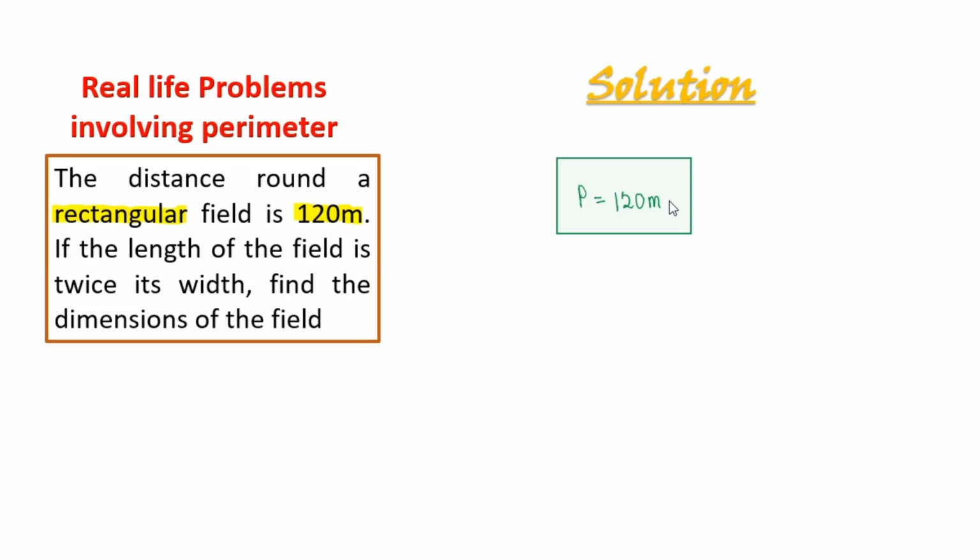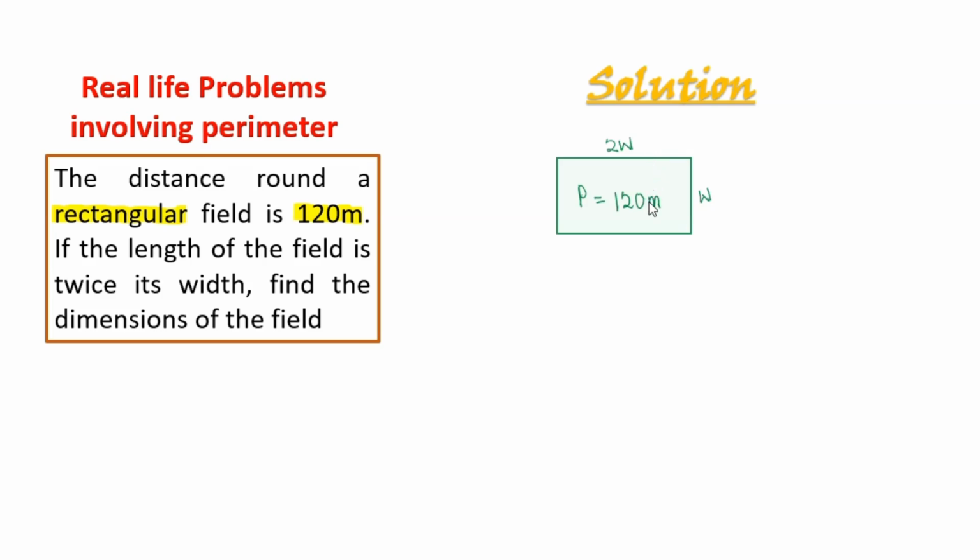That's what it means. And the width is the shorter side. They are saying that the length of the field is twice its width. What this is saying is that if we know the width of the rectangle, then 2 times the width will give us the length. So let's say the width should be W. Then if the width is W, then the length is going to be 2 times W, which is twice W.